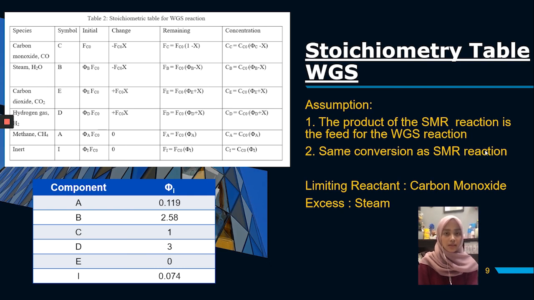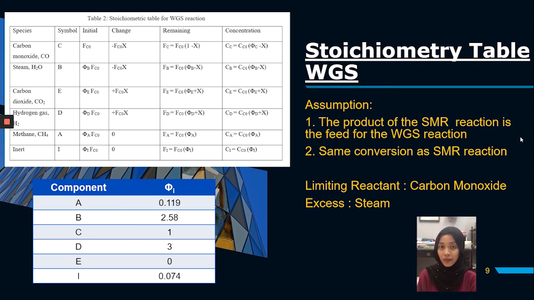Before we start the calculation, there are two assumptions to ease the calculation process. First, we assume that the product of the SMR reaction is the feed for the water-gas shift reaction. Second, the water-gas shift reaction has the same conversion as the SMR reaction. Carbon monoxide is the limiting reactant while steam is supplied in excess.